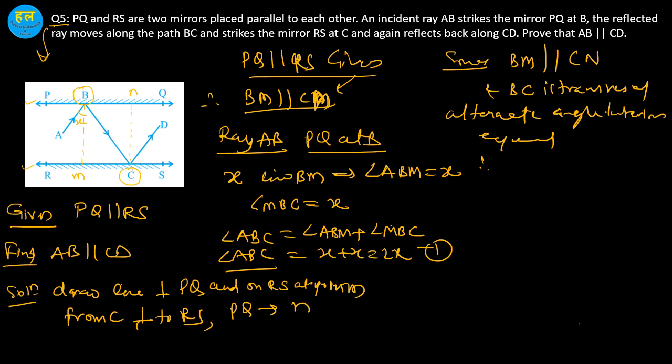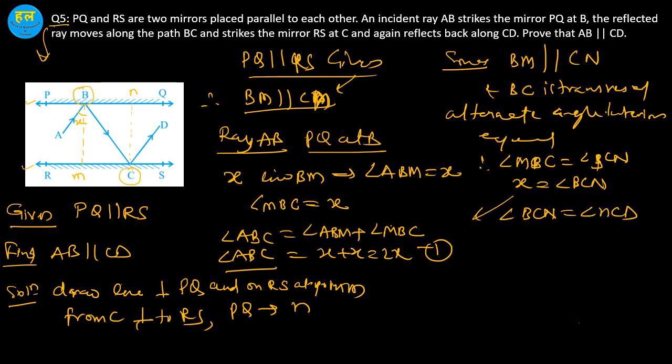Therefore angle MBC will be equal to angle BCN, right? So MBC is x, which is equal to angle BCN, and similarly, like equation 1, angle BCN will be equal to angle NCD. That means this becomes x, and this also becomes x.